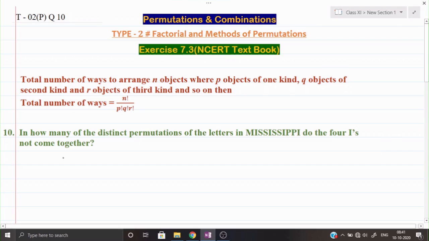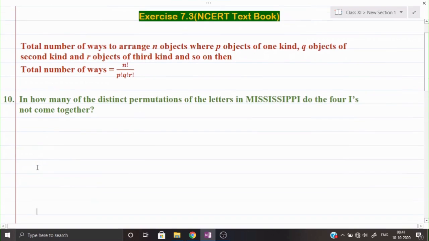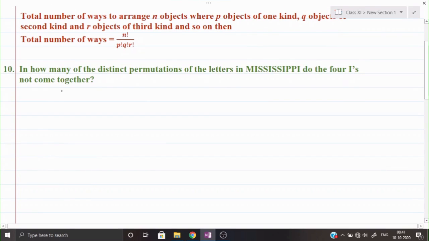First we shall find the total number of words in general, meaning how many words we can form with the letters of the given word. In the solution, the total number of letters is 11, including the repeating letters.